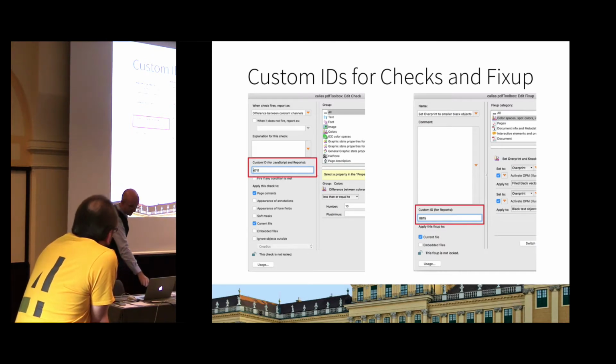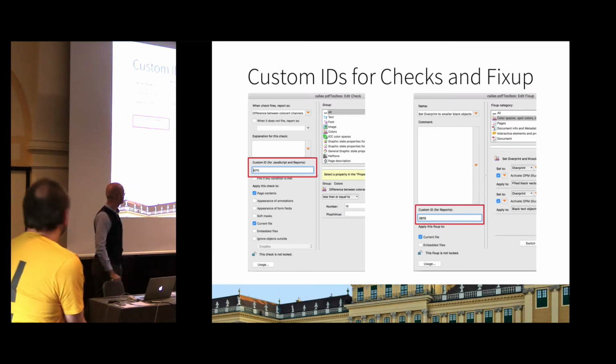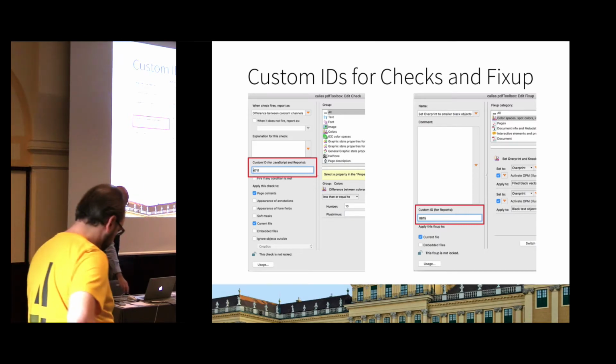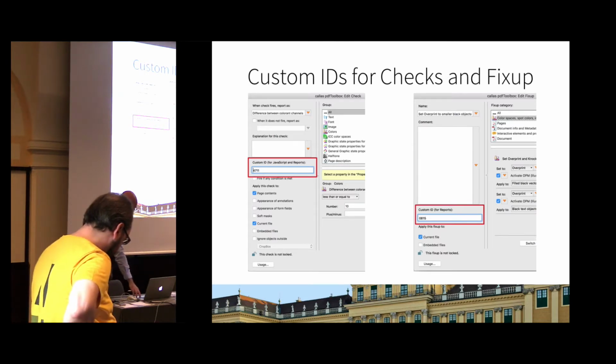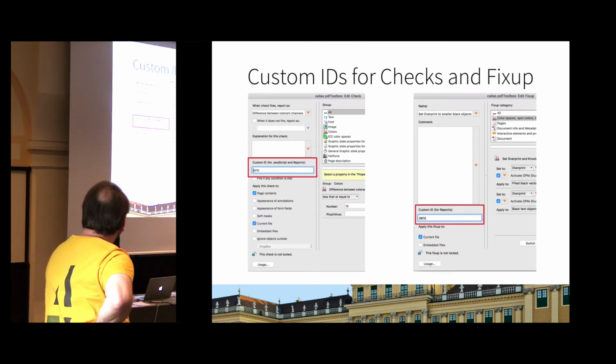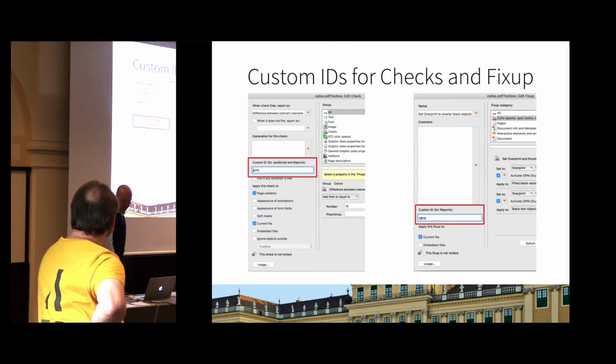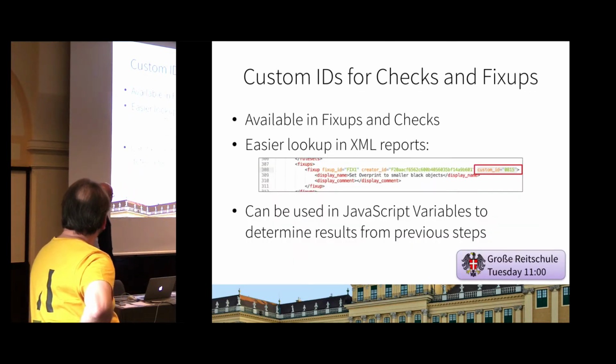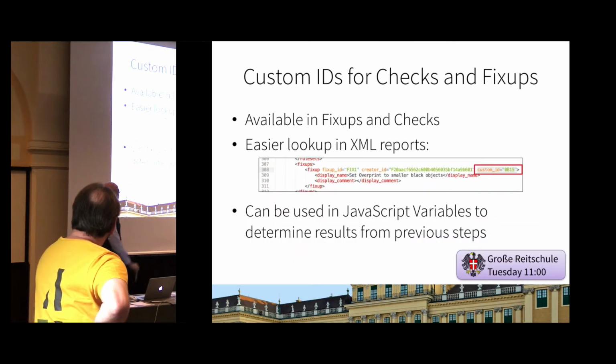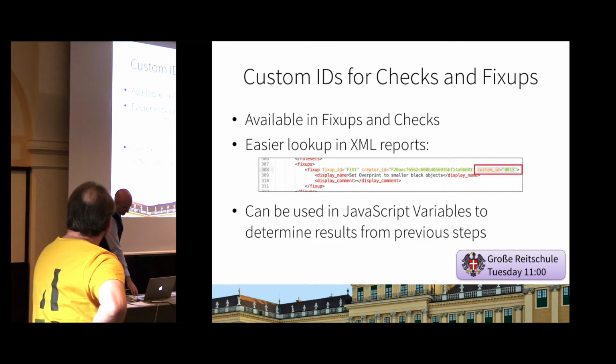You can now define here a custom ID for each custom check or fixup to easily find it, even when the name has been adjusted during runtime to another name, depending on the customer or language or whatever. You can identify everything. And as I've already said, we will list that in the XML report and in the JavaScript variables. You can grab them as well.